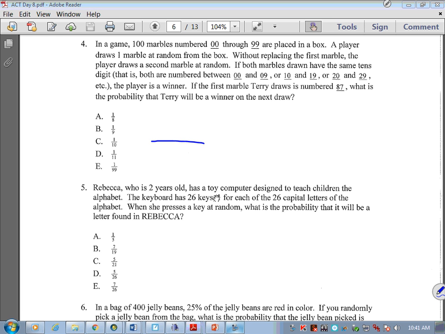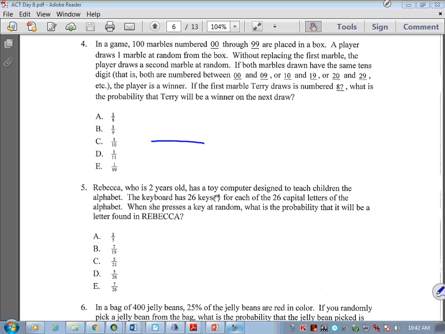All right, so let's count how many marbles would work for me, right? 81, 82, 83, 84, 85, 86, 88, because we can't include 87, 89, right? I have 9 marbles that if I get one of those 9 marbles, it'll work for me.